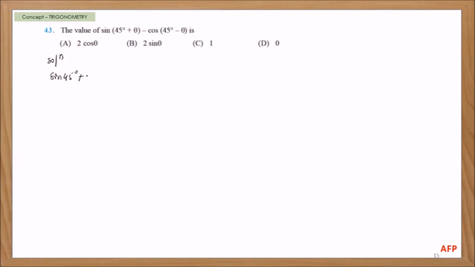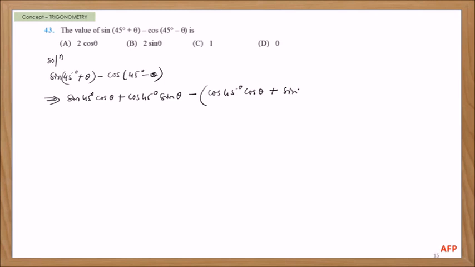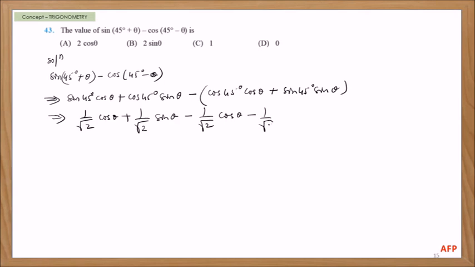sin(45 plus theta) cos(45 minus theta). Sin A plus B formula, cos A minus B formula: sin A cos B plus cos A sin B, minus cos A cos B plus sin A sin B. That's what we have here: 1 by root 2 cos theta, 1 by root 2 sin theta, 1 by root 2 cos theta, 1 by root 2 sin theta.